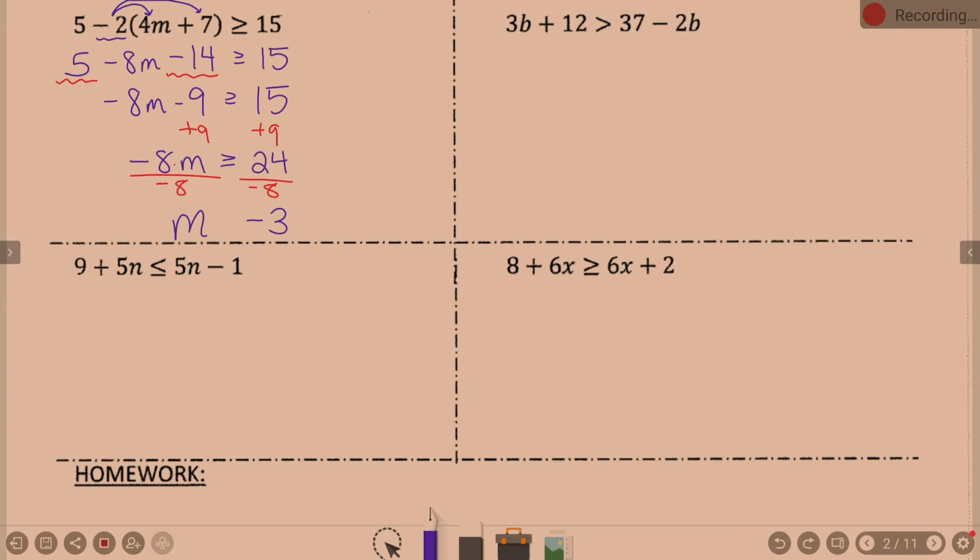And my question, as always, keep it or flip it? It's not that the 3 is negative, it is, but we divided by a negative 8. So that tells me to flip it. m less than or equal to negative 3.